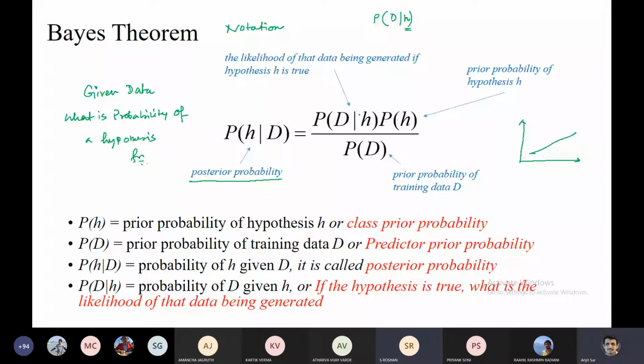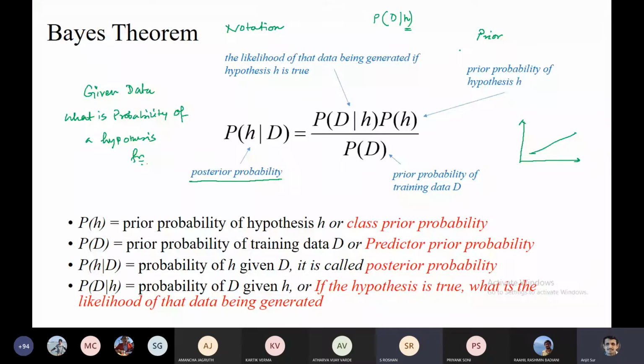So sometimes it's called the likelihood of the data given the hypothesis. And what is P of H? It's the probability of this hypothesis, how popular or how probable it is. So it's called prior probability, the hypothesis prior. A lot of different priors are used for machine learning, data extraction or feature extraction.